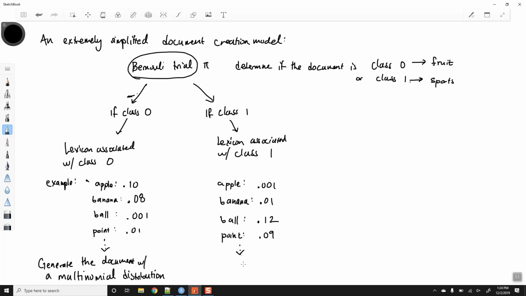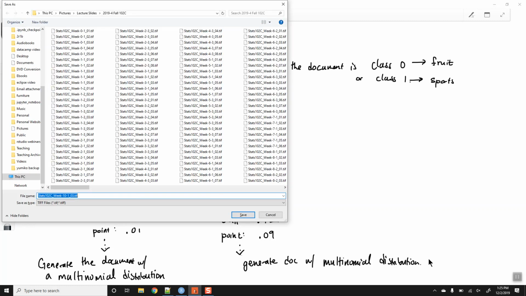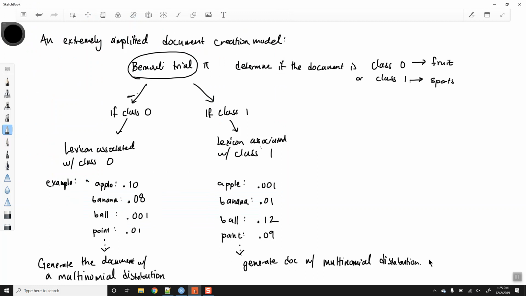The multinomial distribution, and this will also be the same, generate document with the multinomial distribution. So I guess we'll take a detour and talk about the multinomial distribution and the Dirichlet distribution, all right? So let's just do a detour.